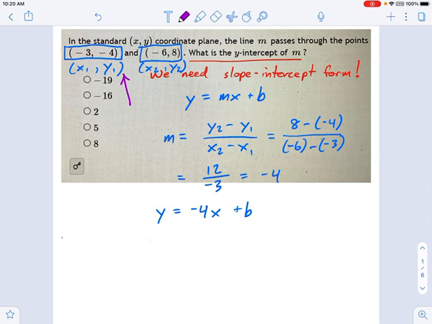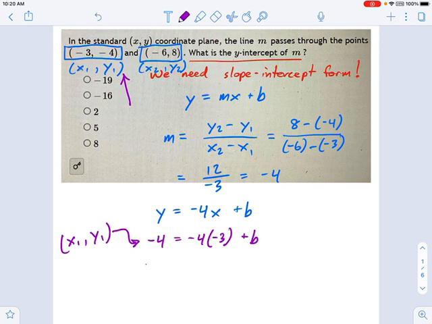Take the values for that point and substitute them into your equation. So negative 4 for y, and there's my m, and here's negative 3 for x, plus b. See, I plugged in my x and y values. And in this case, I chose x1, y1. But honestly, you could have chosen x2 and y2, and that would have been just fine.